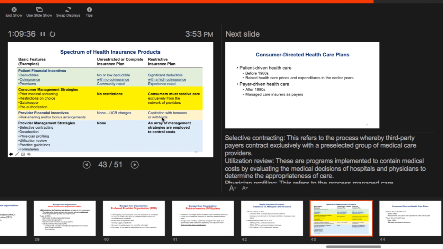Basically, if they can treat a number of patients, they are reimbursed. So they have a bonus. They are rewarded by the number of patients they are treating, not based on the number of visits, but by the volume of patients they have.